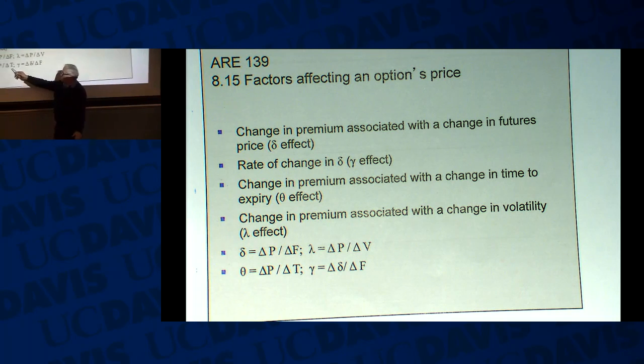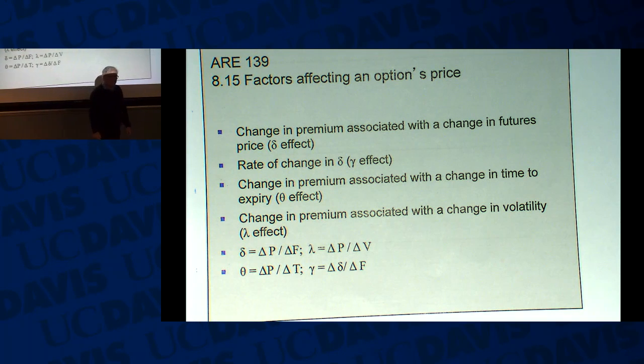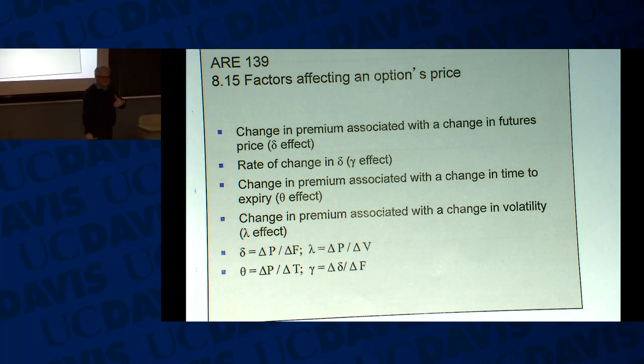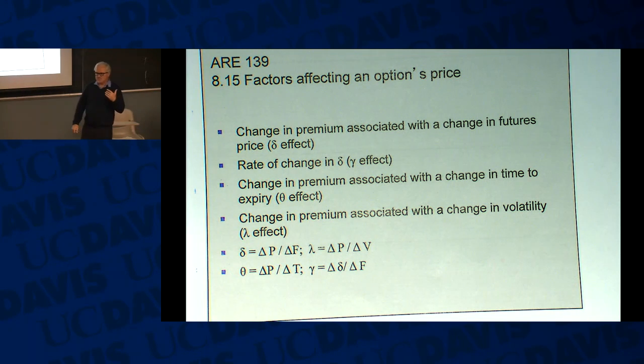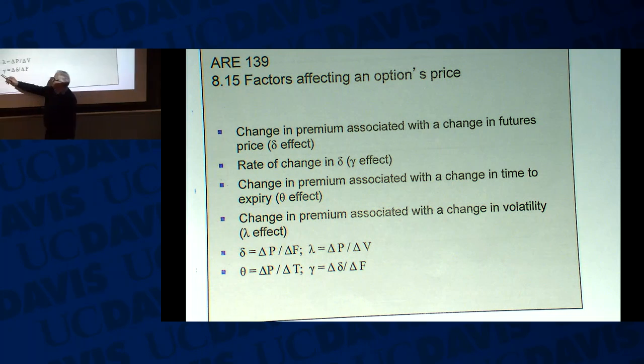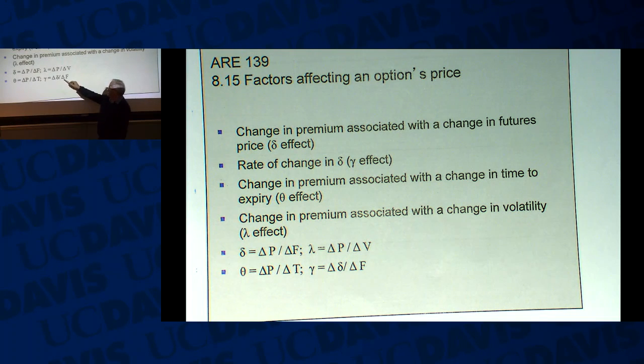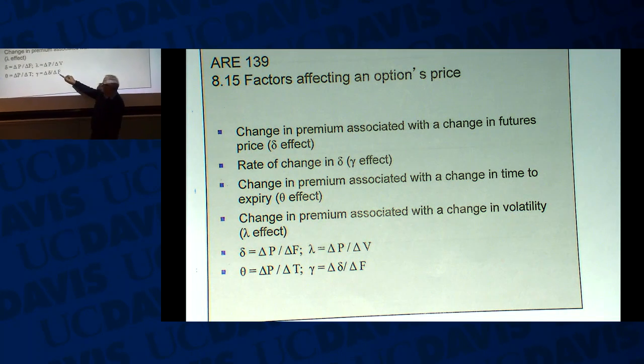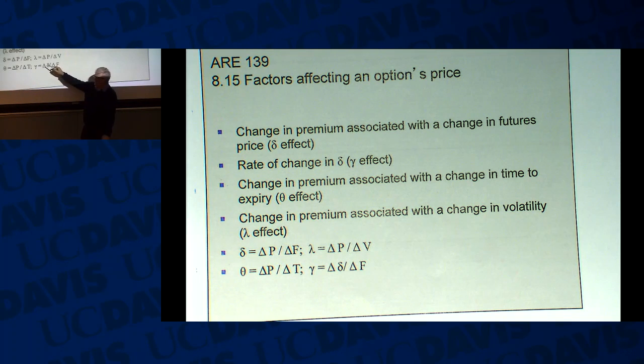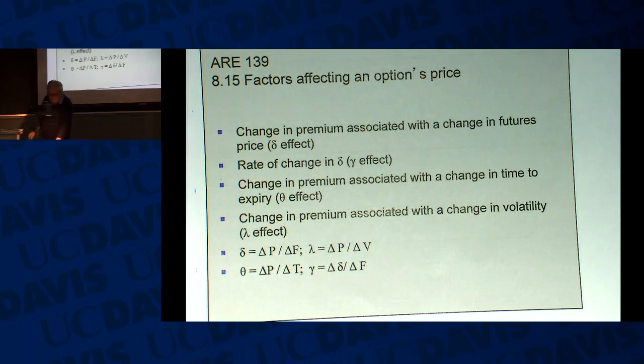The theta tells us how the premium changes with time value, and you know that it's an eroding asset. So as time erodes, the premium is going to fall. And the gamma tells us how the delta changes with the change in the futures price. The delta is not constant. It's going to change depending where the futures price is.